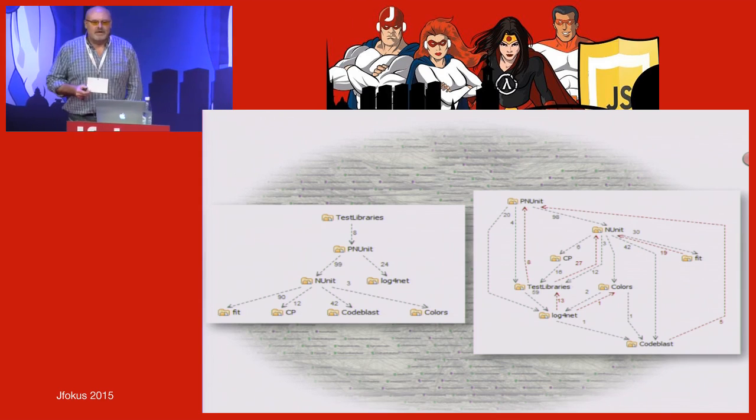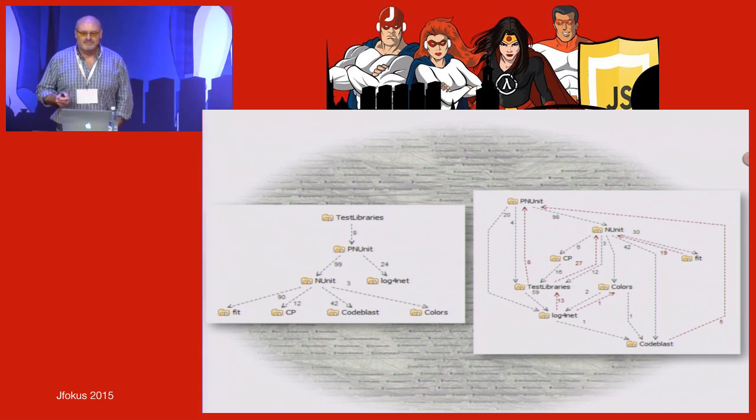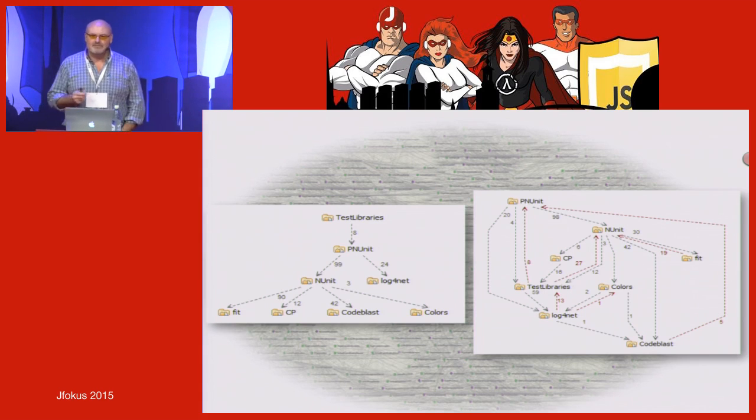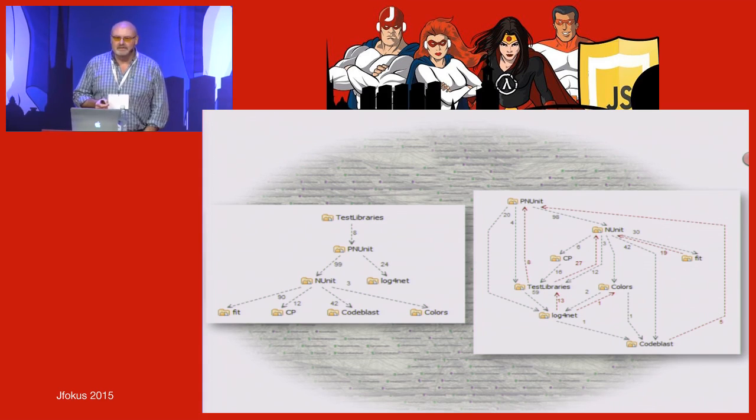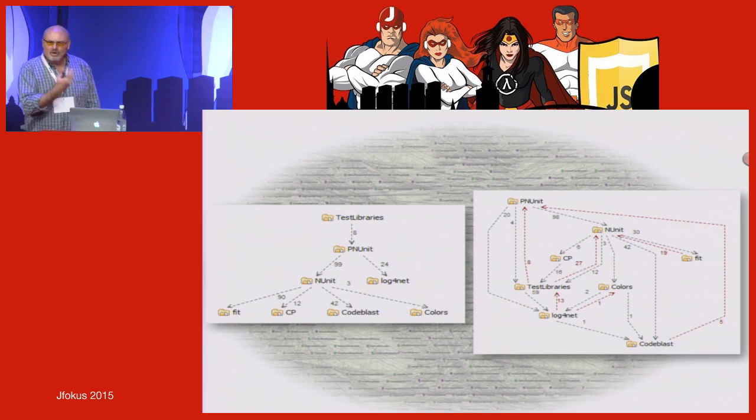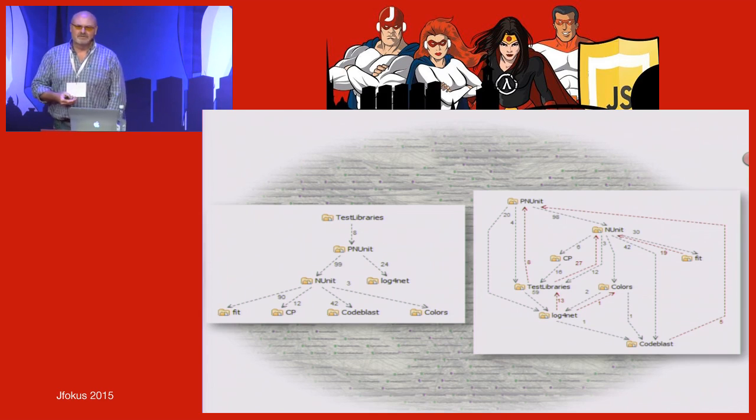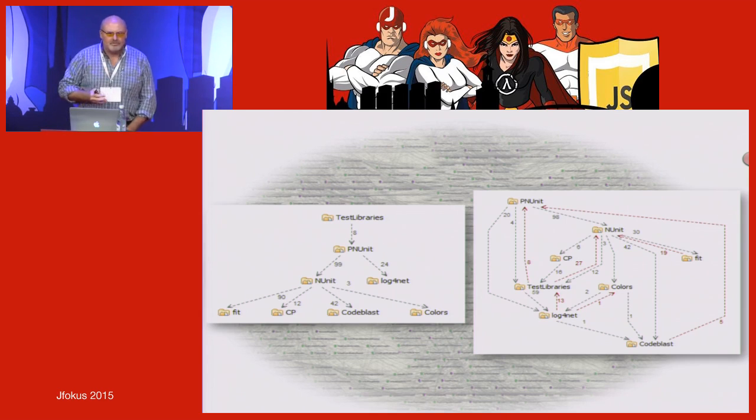Here are two organizations, two package structures for the same piece of code, okay? We've just put stuff into different packages. On one side, you've got something that's really easy to understand. I can easily see the overall picture of the code base, what uses what. When I change something, I kind of know where other things are likely to change.